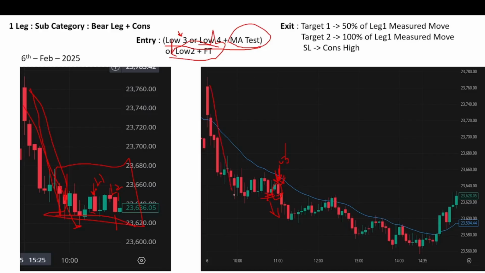So if you consider this as leg 1, you can calculate 50% of this movement, and if you enter here, that would be around here, your target 1, and 100% of this move will be your target 2. In this case, the target 2 didn't meet, but you can exit here when you see bullish momentum.